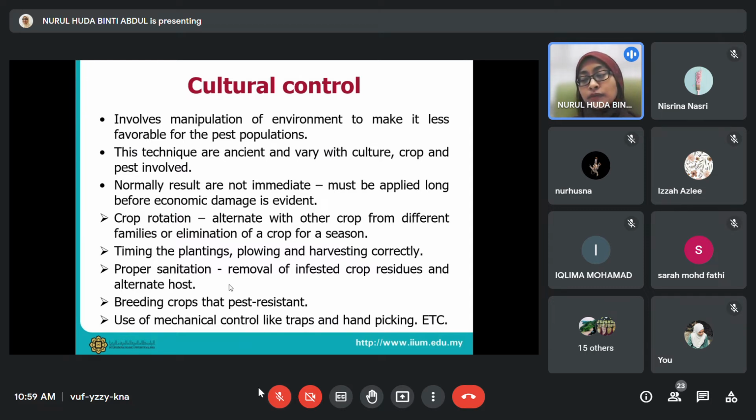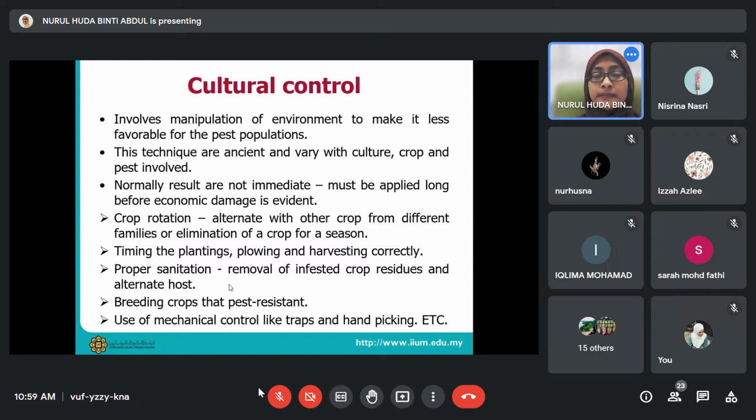So cultural control ni you can apply it throughout your stages of planting. Maksudnya dari sebelum tanam, prepare the plot area sampai harvest. Okay, so there is no limited time ataupun specific time for cultural control.